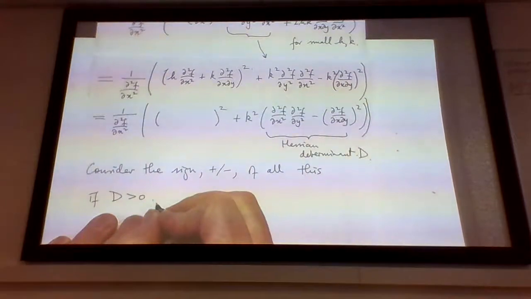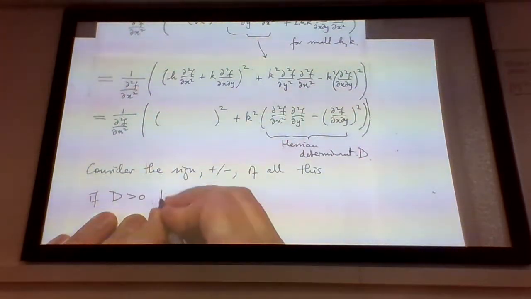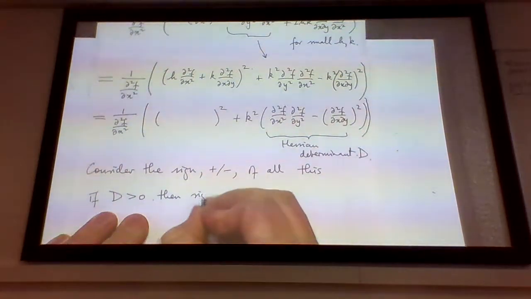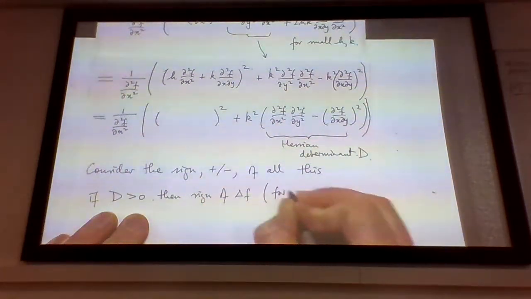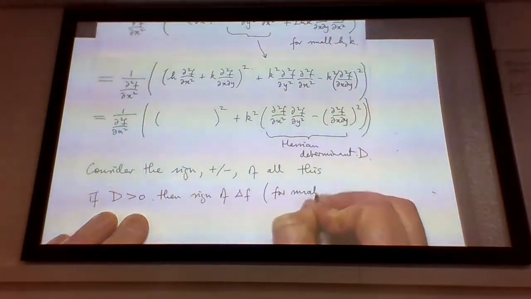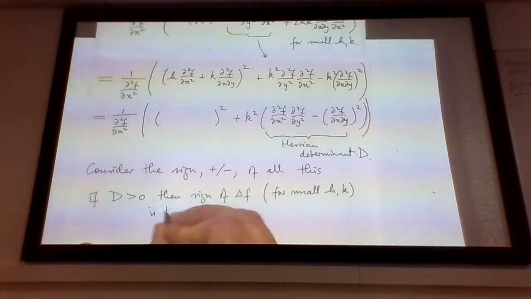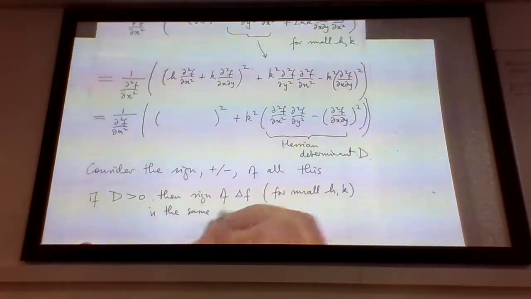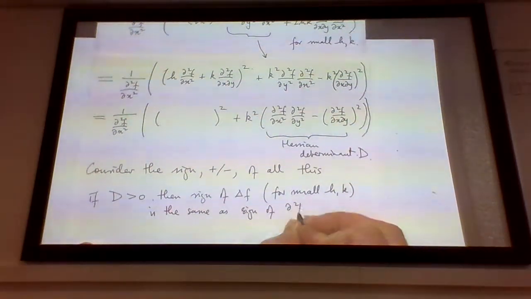So if the Hessian determinant, this part here, is a positive quantity, then the sign of delta F, at least for small h and k, is the same as the sign of d2f dx squared.